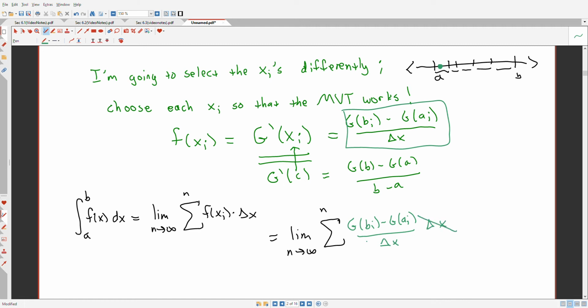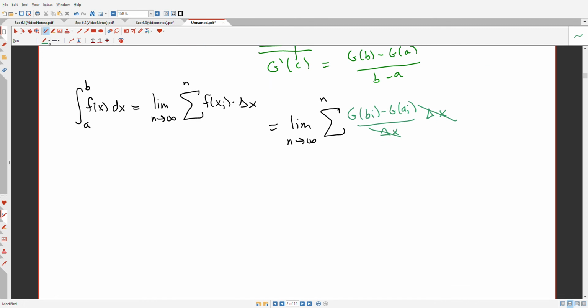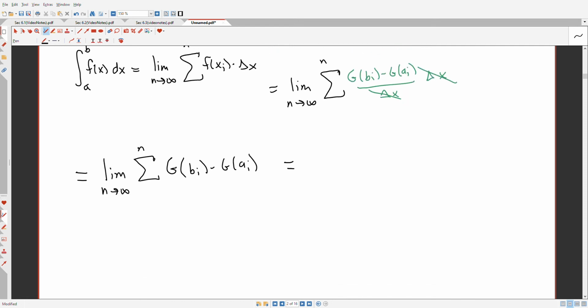Well, these terms cancel, and you get something that mathematicians love. It's called a telescoping sum. So I'll write it out, and then I'll write out a few terms to show you why it's so lovely. I have something like g of bi minus g of ai. And here's the idea of what this ends up looking like. My last one that'll appear will be g of b.